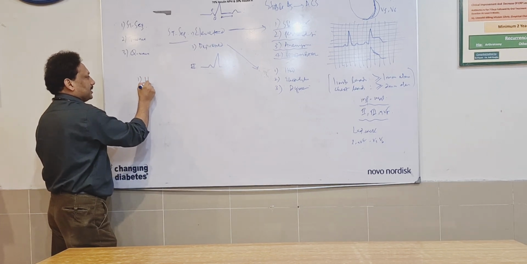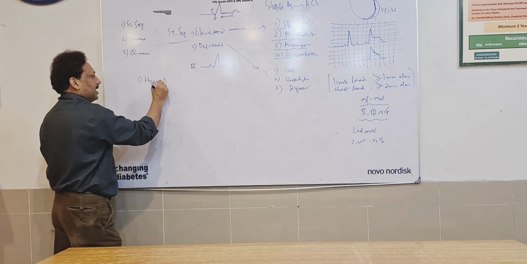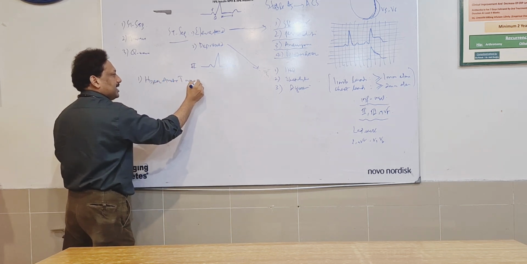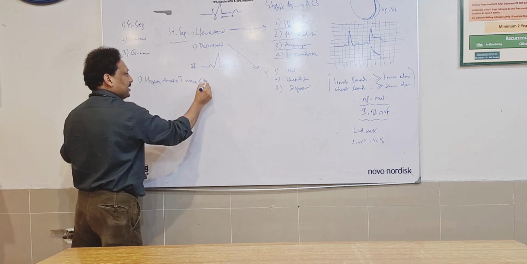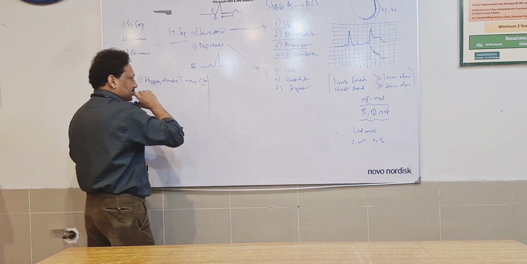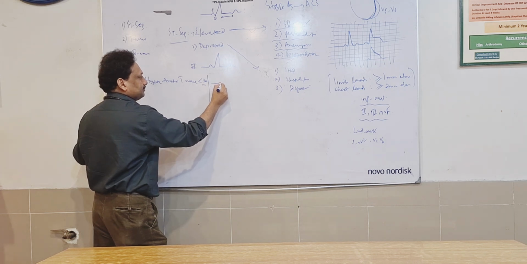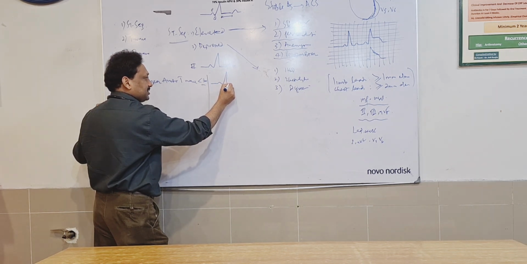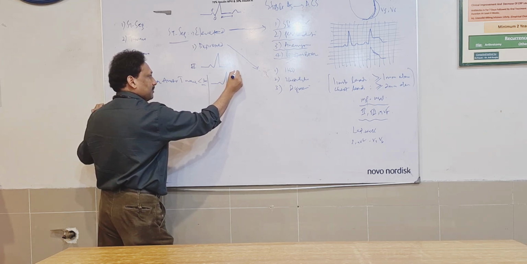Stage number 1, hyperacute T waves. The time is less than 30 minutes. So in less than 30 minutes, this would be the picture of the ECG. You need to understand it because ST has not been elevated, but this is there.